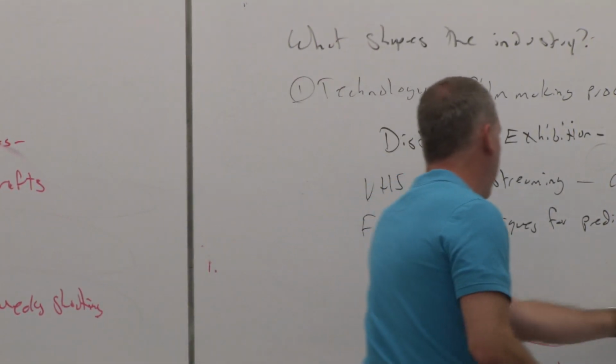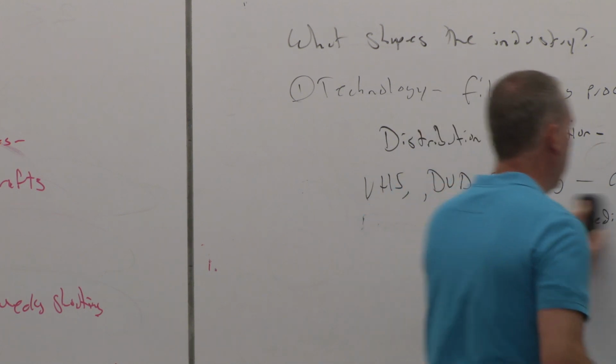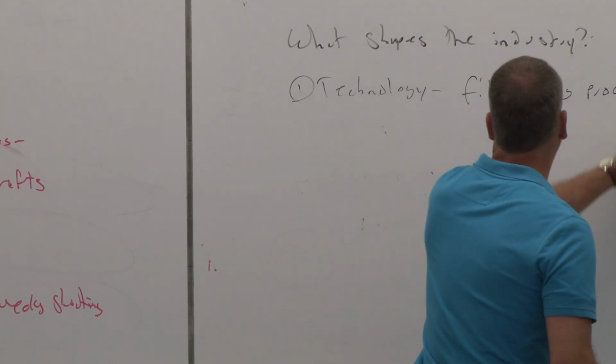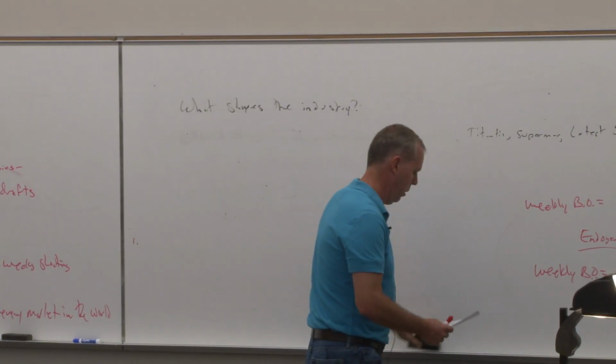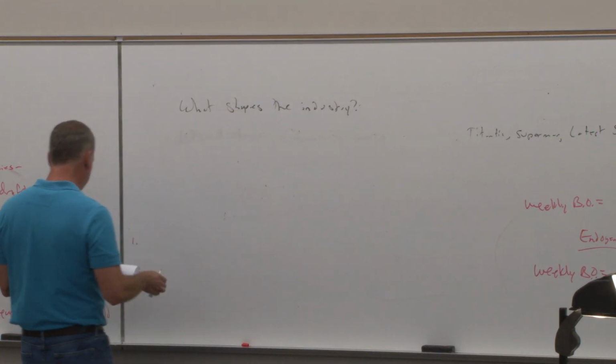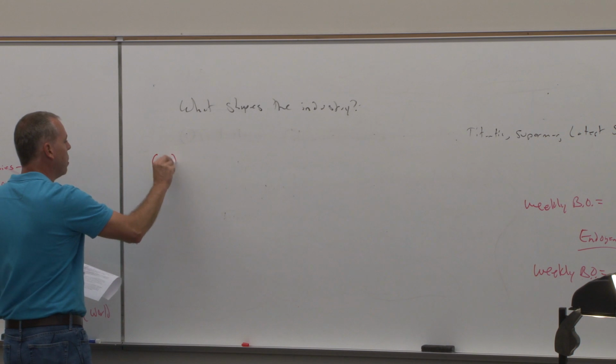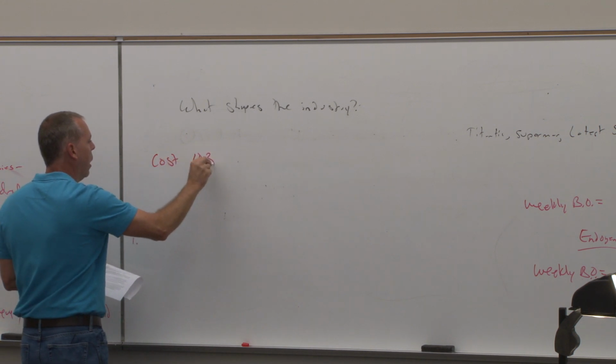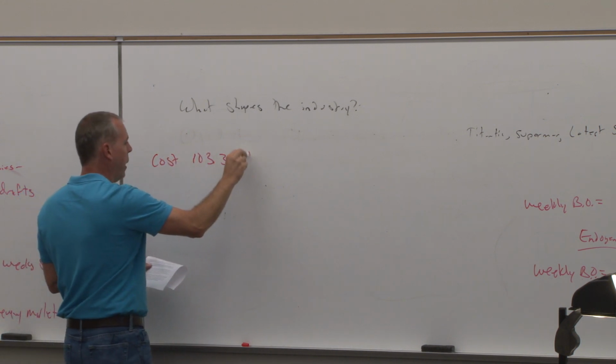Right? Or we can look at Gone in 60 Seconds. I remember I promised you a while back to look at that one and how that financing works. So here we've got a movie that cost $103.3 million to make.